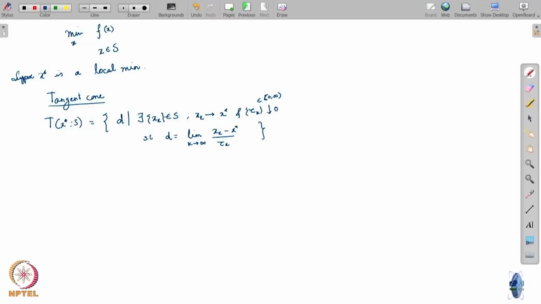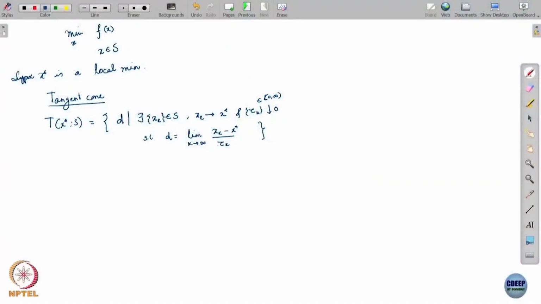It is very easy to see, because a scaled version of D always exists in this set. All I need to do is scale the tau k appropriately. If I want alpha times D, all I have to do is divide the tau k by alpha, and that will give me alpha times D. So the tangent cone is always a cone.